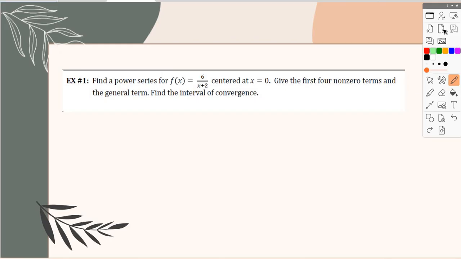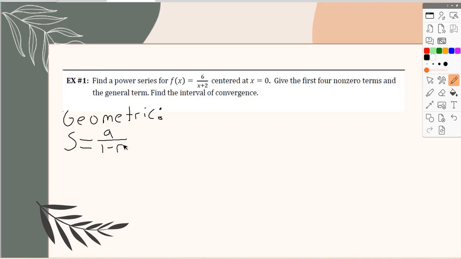And the reason the geometric series is helpful is because, remind me, what does the sum of a geometric series equal? We get that. Yes?